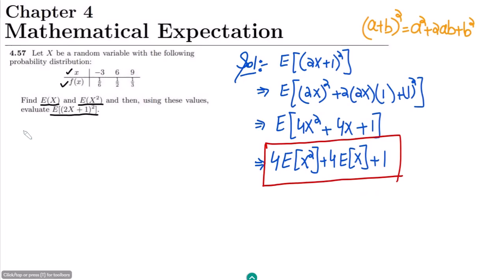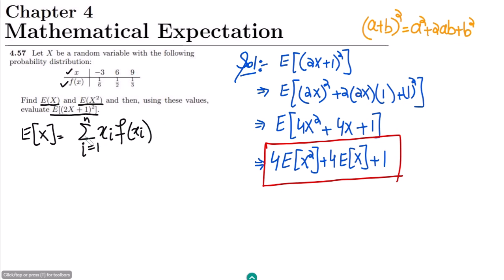So to find out the value of E of x here, what do we have to do? These are basically the discrete values. So in order to do so, we have to sum them from 1 up to n, and all these terms will be xi and f of xi.